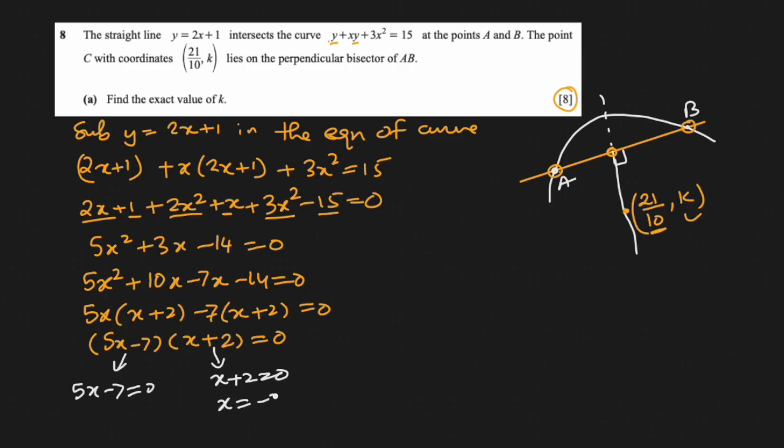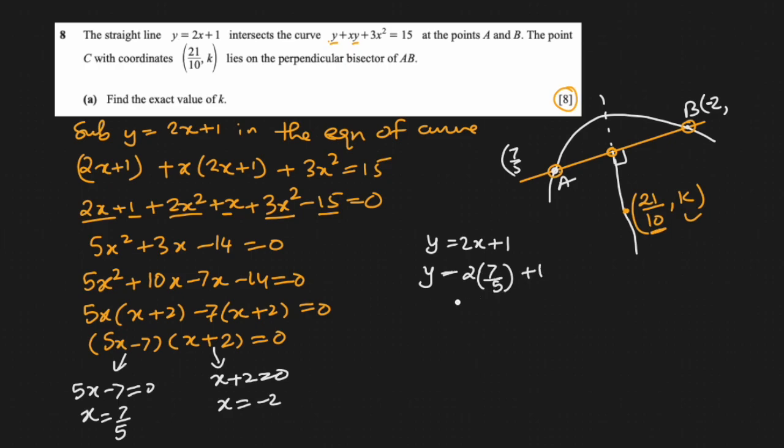So x is equal to minus 2. This gives us x equal to 7 over 5. So we got the x coordinate of this 7 over 5, and this one minus 2. Now we have to find the y coordinate, and we can substitute in y equal to 2x plus 1, the equation of the line, which is easier, right? These 2 points lie on the line as well. First I will find with this 7 over 5. 2 times 7 over 5 plus 1.